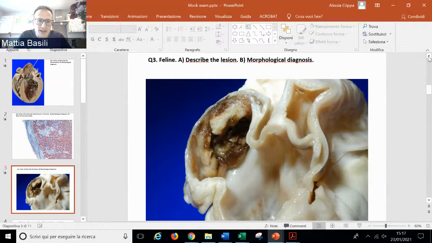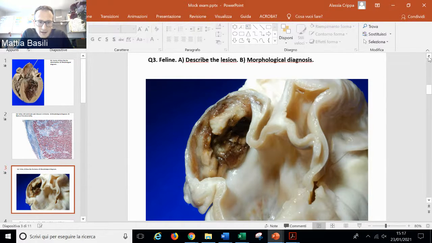I agree there wasn't any infiltration, but I put a thickening of the area below the left atrial appendage wall that was compatible with a thrombus or a neoplastic formation. So I did put thrombus first, but then also neoplasia.